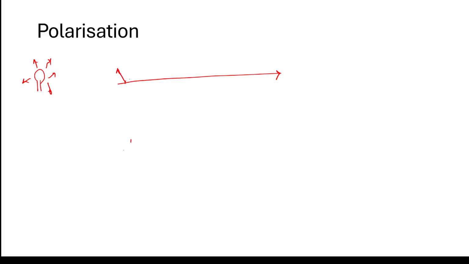The electric field component of the light wave is in all possible directions. So this light wave is an unpolarized light wave, because the electric field is not restricted to any one direction.